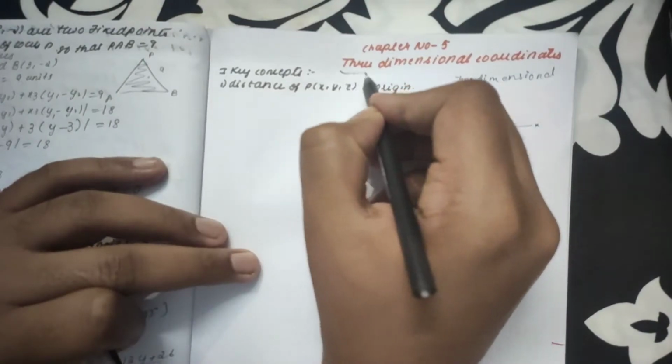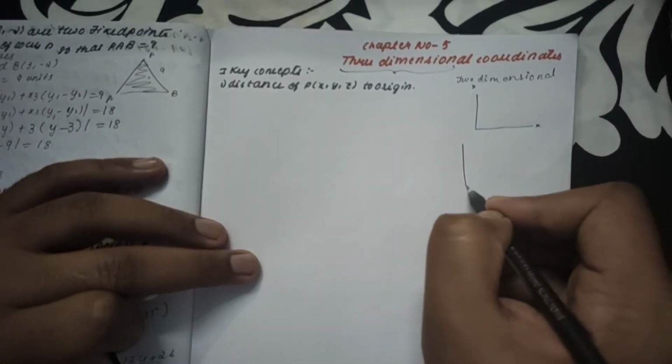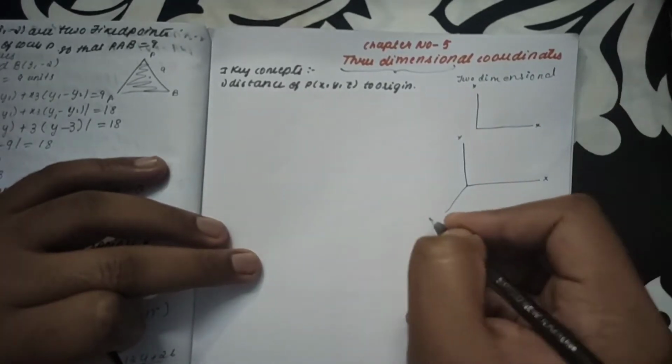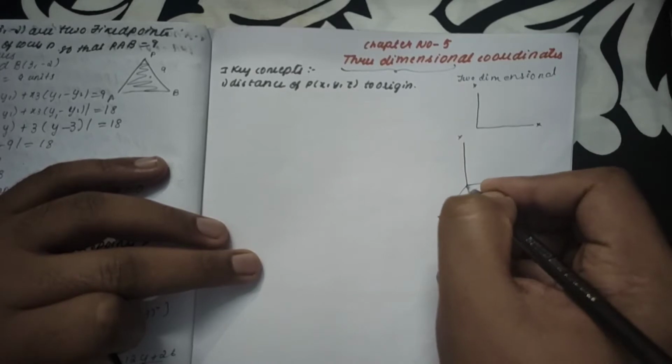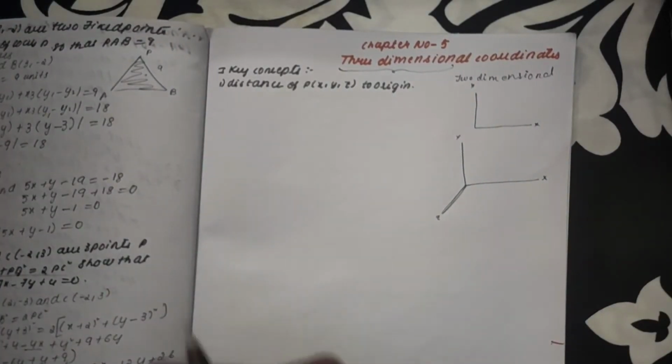In this chapter we are discussing three-dimensional, which means x-axis, y-axis and z-axis. This z-axis is an imaginary axis. So let's go and start our key concepts in this chapter.